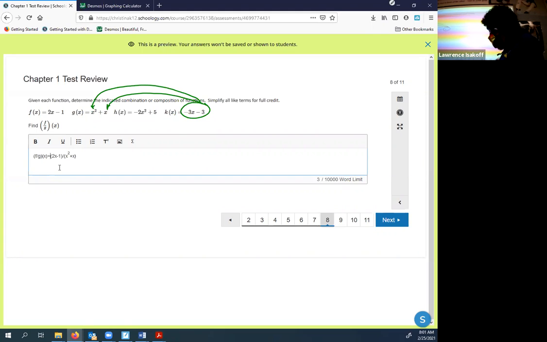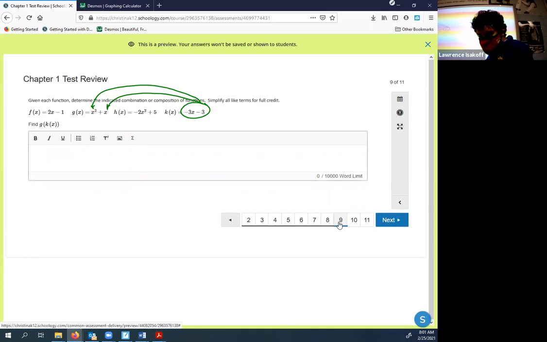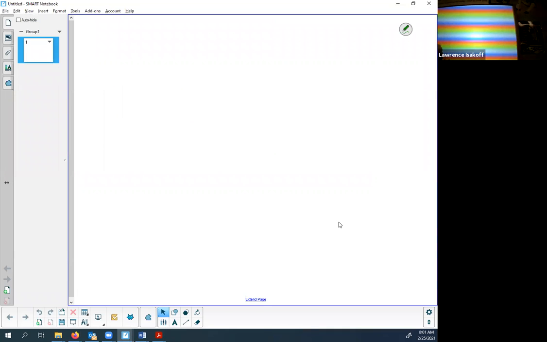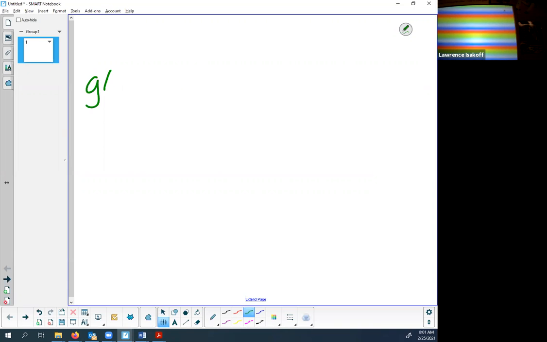Let's go to number 9 again and compose these. Okay, so this had g of x equals x squared plus x.